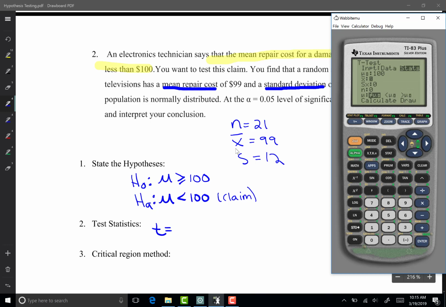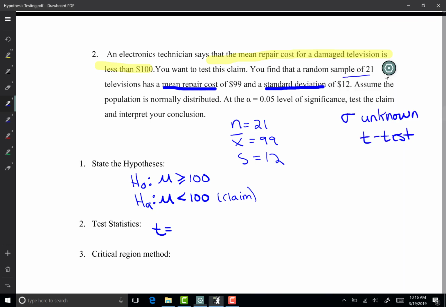My x bar is 99. My standard deviation for the sample is 12, that's my s. My sample size is 21. And what I'm testing in the alternative is that it's less than that mu naught I put in, so I choose less than, and then choose calculate. My t-test statistic is negative 0.38.